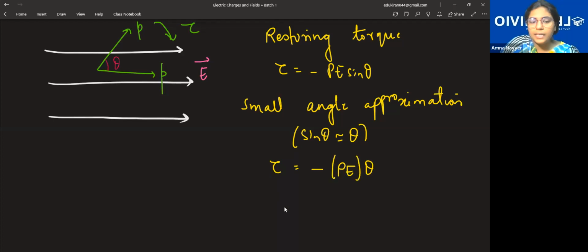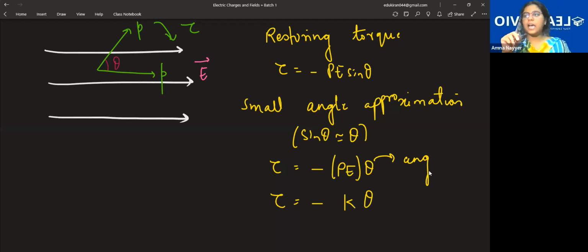Can you see this is similar to torque is equal to minus K theta? Theta is the angular displacement, meaning how much angle has been shifted.